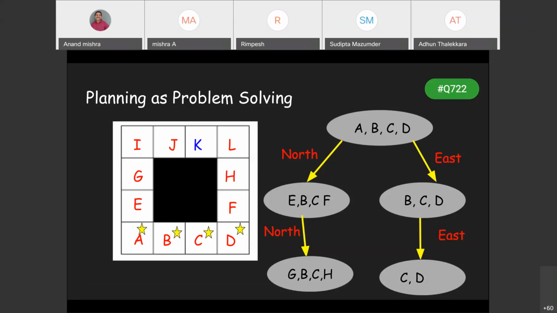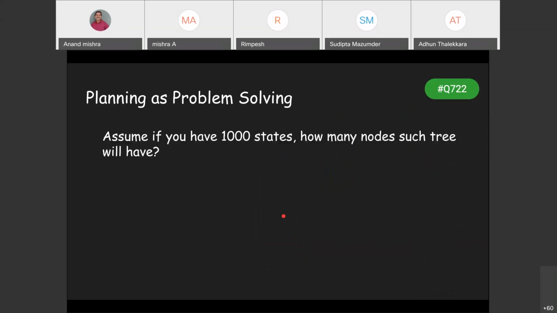All these states are subsets of the states, and you are really dealing with subsets of the states in this graph. So that's a problem. If you have, let's say, thousand states, having thousand states is very trivial in a real world scenario. You typically have many more than that.